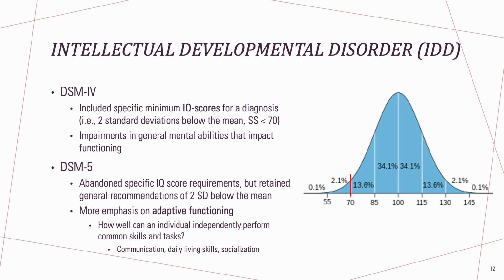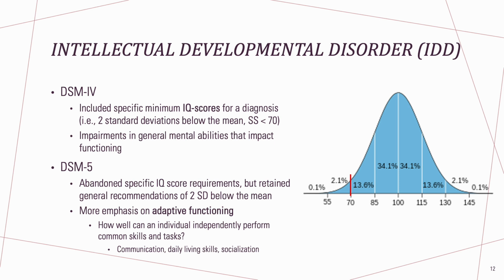So with the WISC or any other Wechsler cognitive testing, again, your mean score is 100, and then your standard deviation is typically 15. So one standard deviation is between 85 and 115. That's where most people would fall along the distribution.